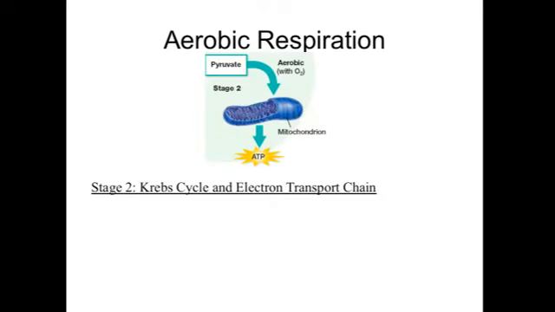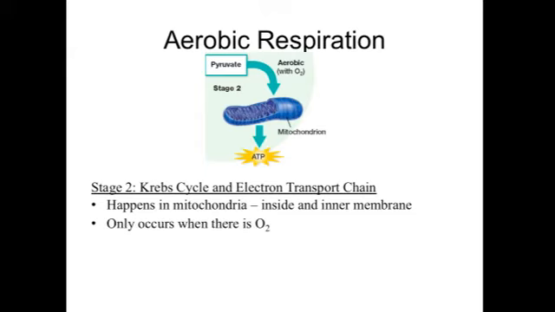If we look at the second stage, we have the Krebs cycle and electron transport chain. This is going to be taking place in the mitochondria, that specialized organelle in eukaryotic cells. And remember, it has all those cristae, or those folds, that are going to allow for an extra large surface area and the concentration gradients to exist to have this process take place.